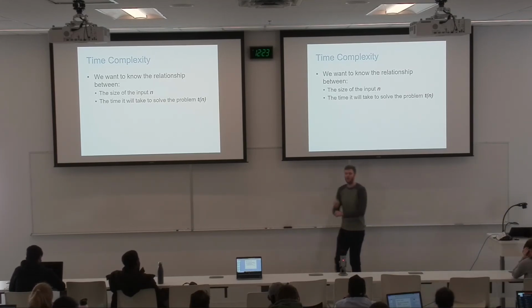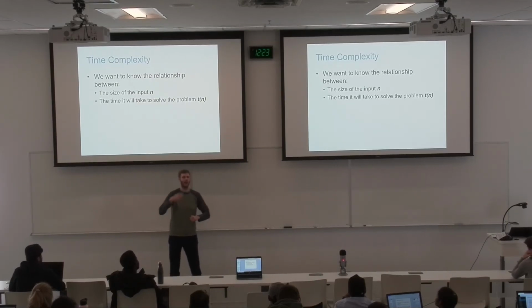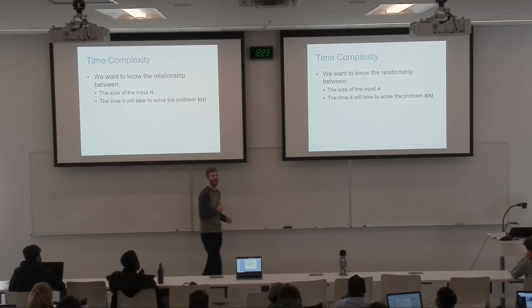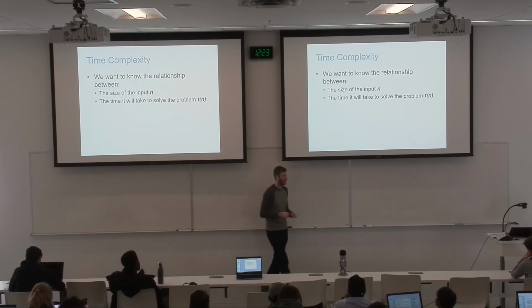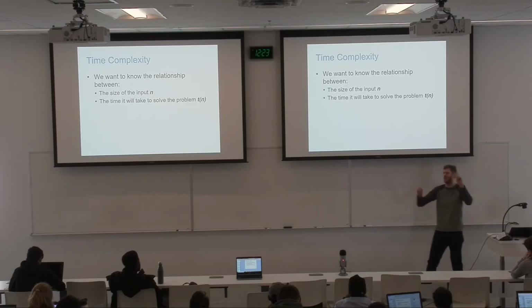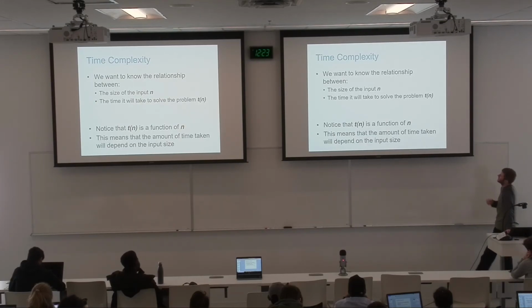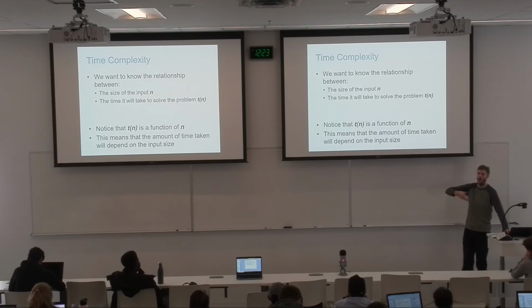I'm going to show you an example in a moment, but t of n is just a mathematical function: if I know what the input size n is, I could tell you how many units of time or computation that's going to take up. So t of n is a function of n. This means that the amount of time taken will depend on n, the input size.